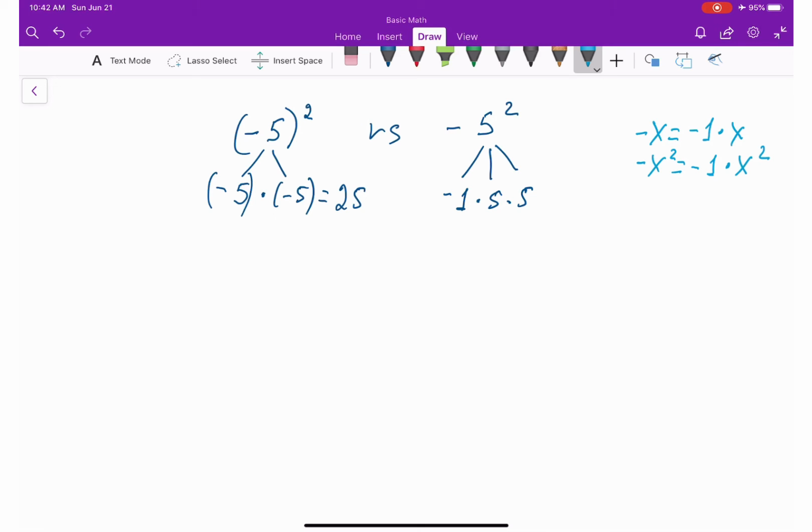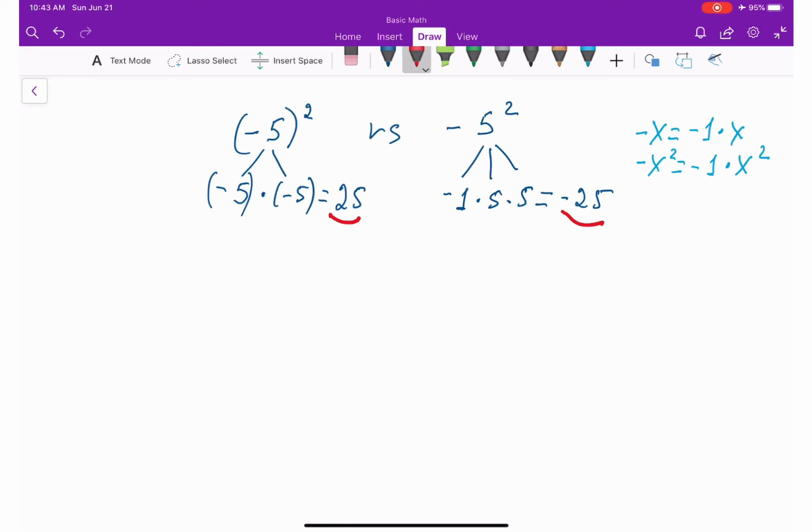So back to our problem: negative 1 times 5 times 5 is going to be negative 25. Look at the difference: 25 and negative 25.